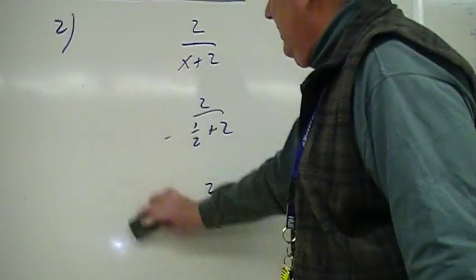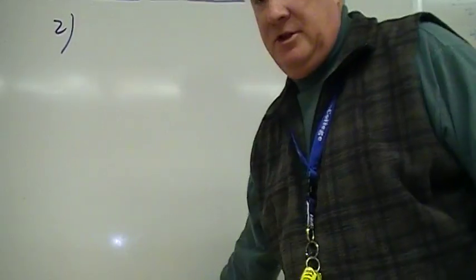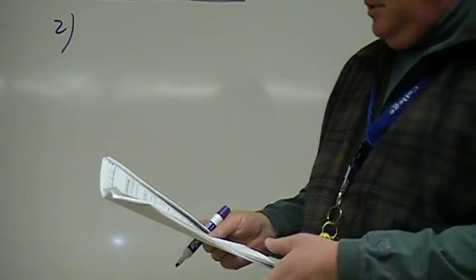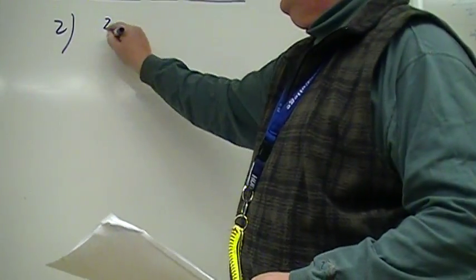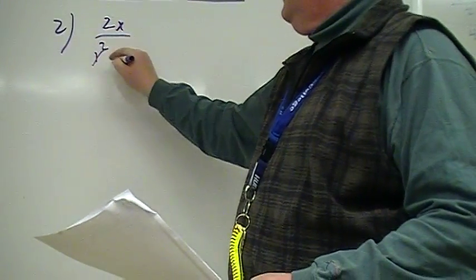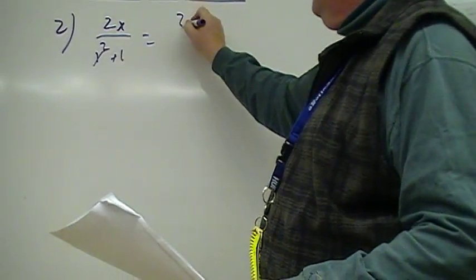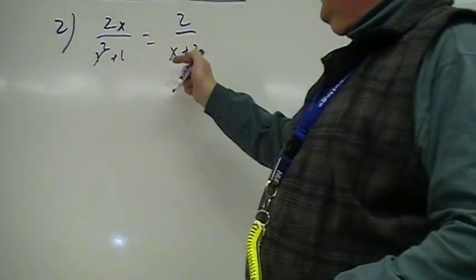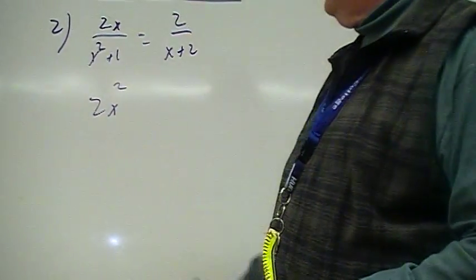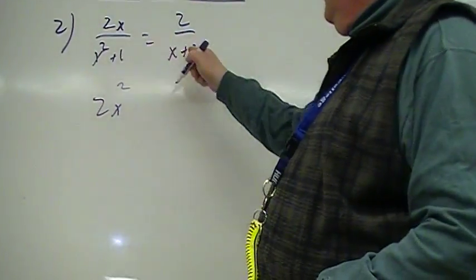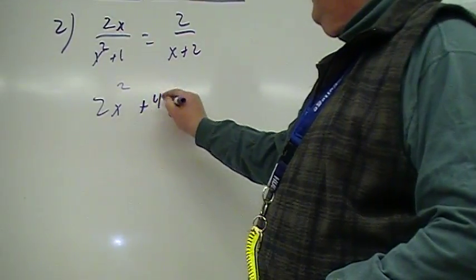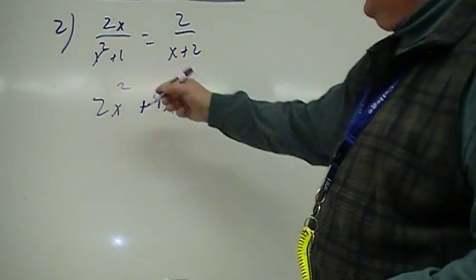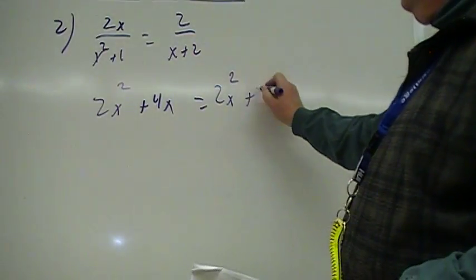I'm also going to share this with you, because there's another way that you could do it if you feel pretty good about your algebra. Do cross multiplication. Do this times this right away. This times this is 2x squared plus 4x, and that's going to equal this times this, 2x squared plus 2.